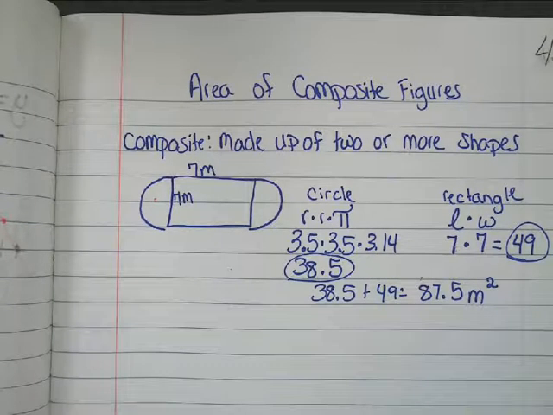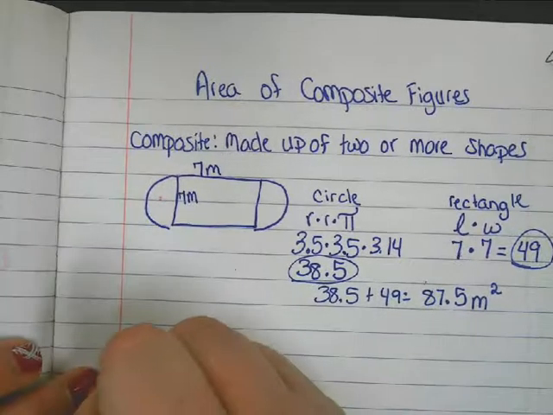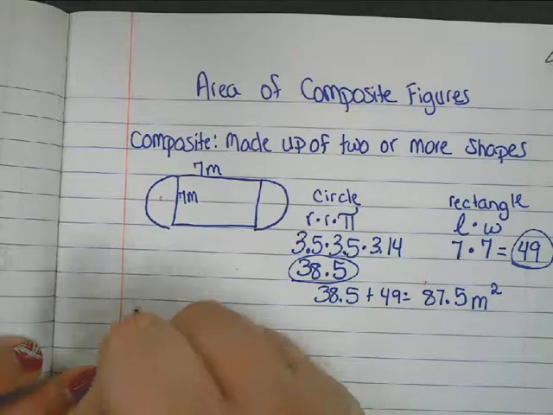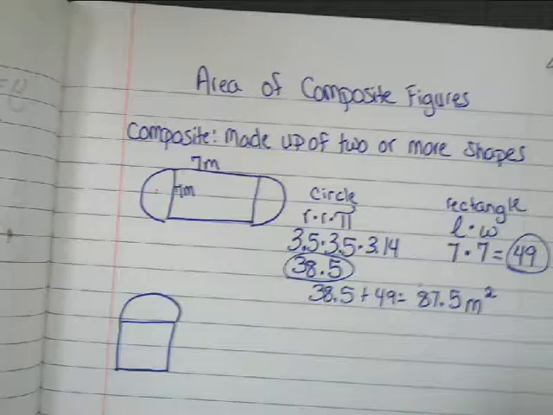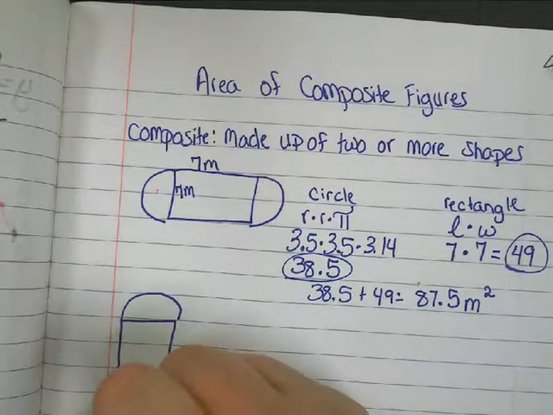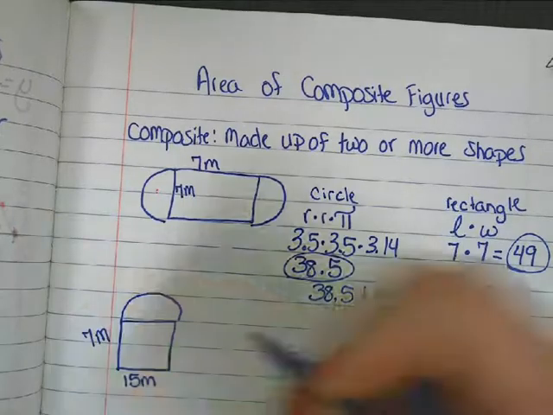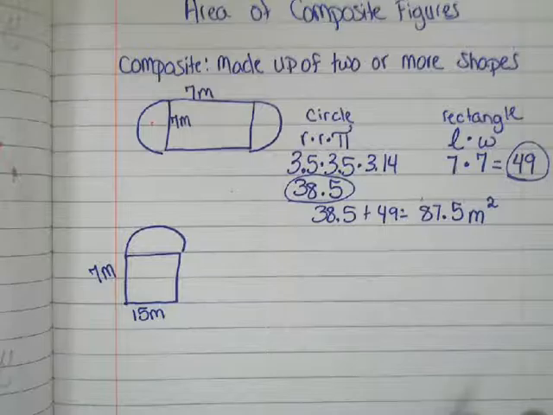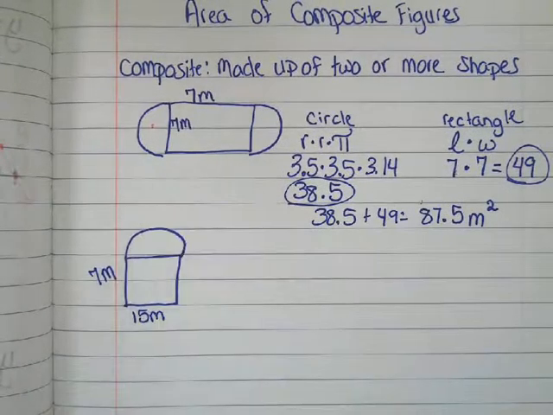What about this one? So what two shapes do I have?